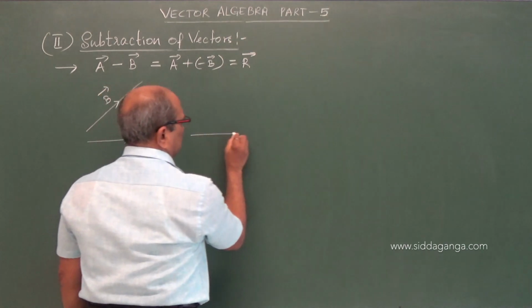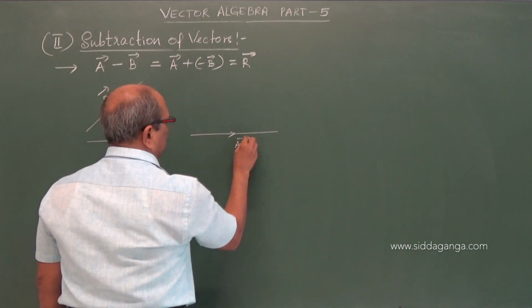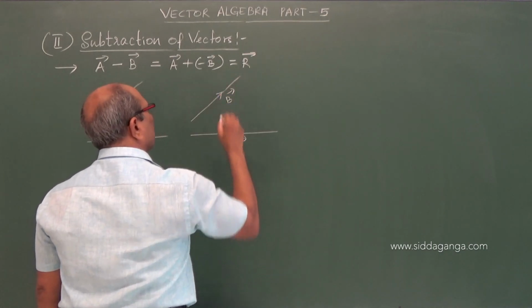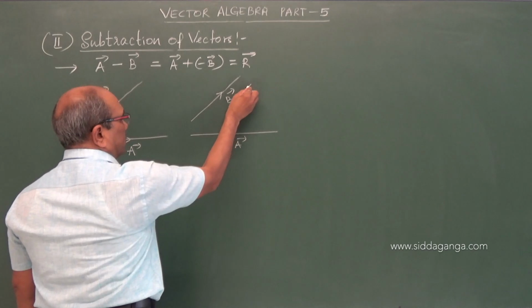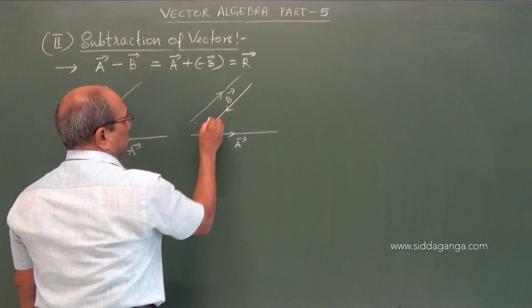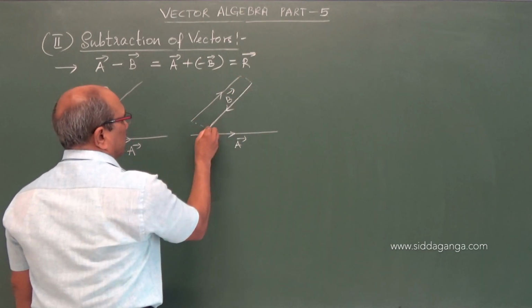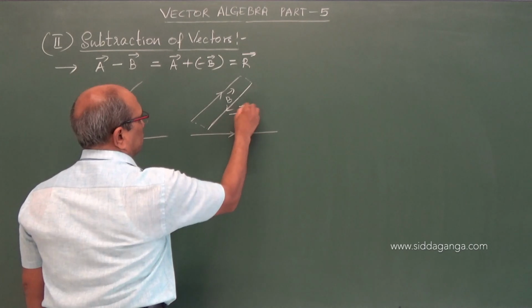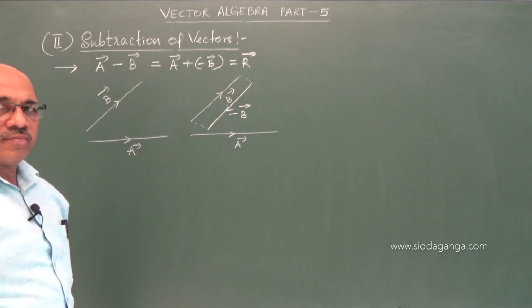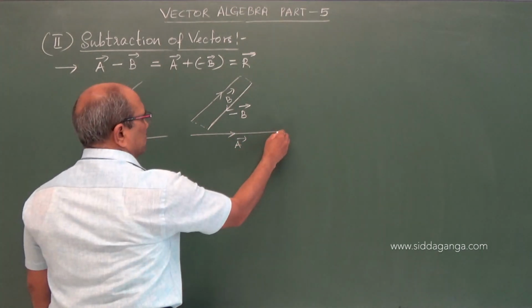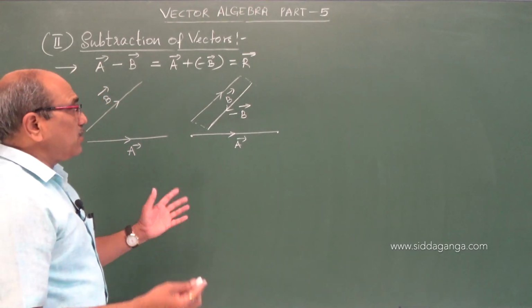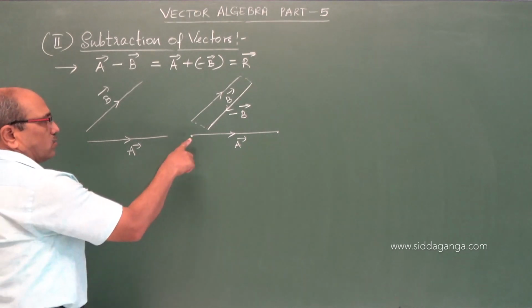This is the vector A, which I transferred here. Vector B is like this. If I take another vector opposite to it, parallel and opposite with the same magnitude, this is called minus B. It is B but it is minus B. So this is the tip and this is the tail, and I can apply the tip-tail method.